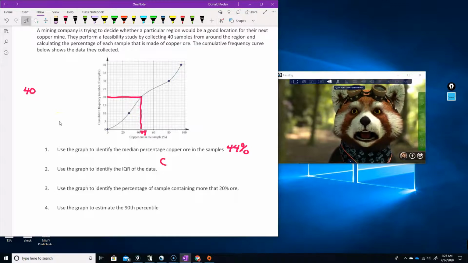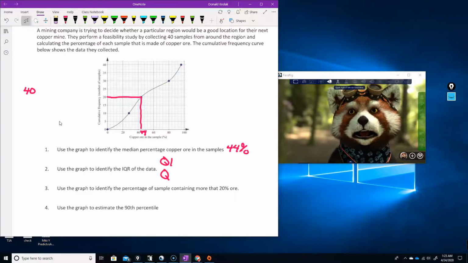So we need the lower quartile and we need the upper quartile.